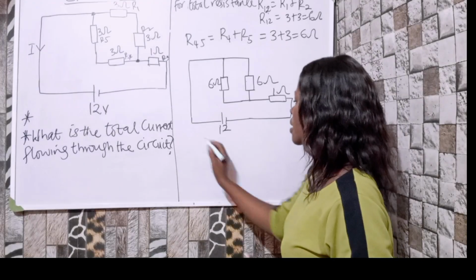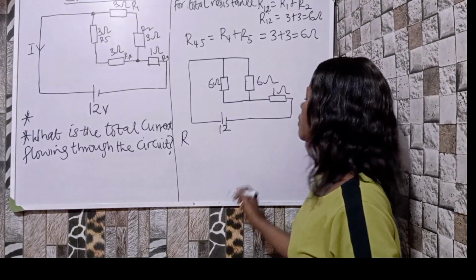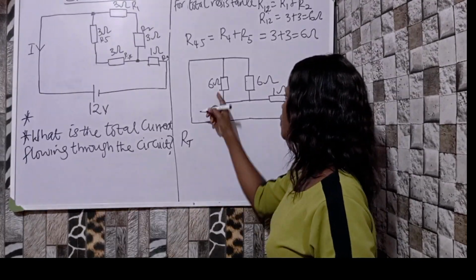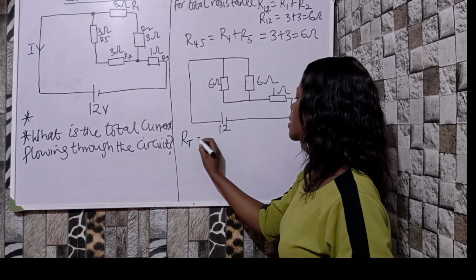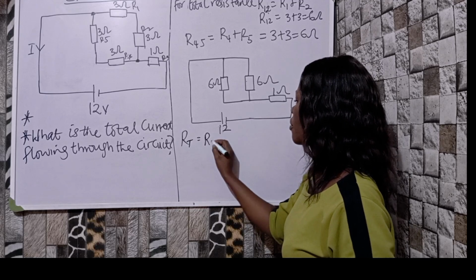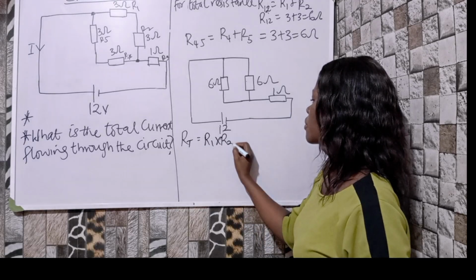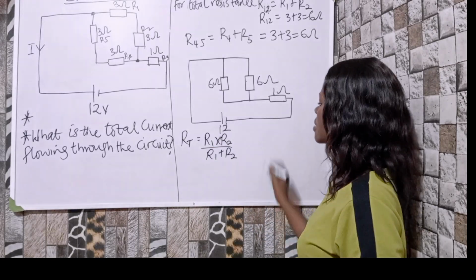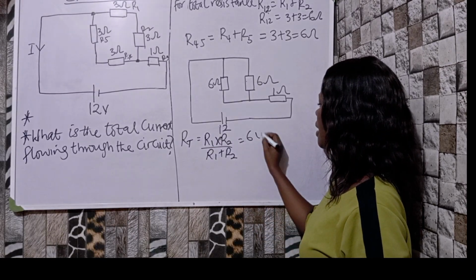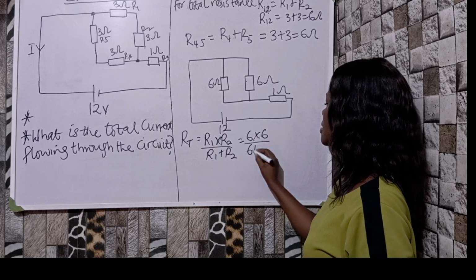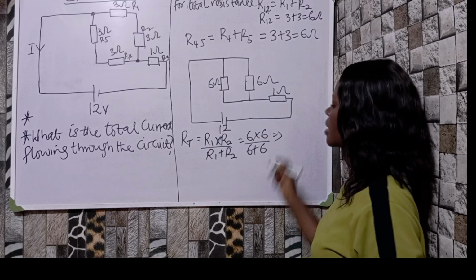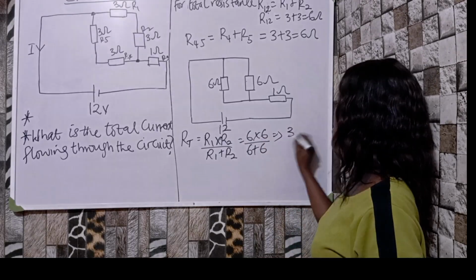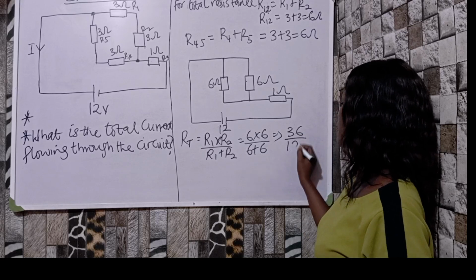Okay, all right. For RT total for this, we are going to say R1 times R2 all over R1 plus R2, right? So we say 6 times 6 all over 6 plus 6. 6 times 6 is 36. 6 plus 6 is 12.